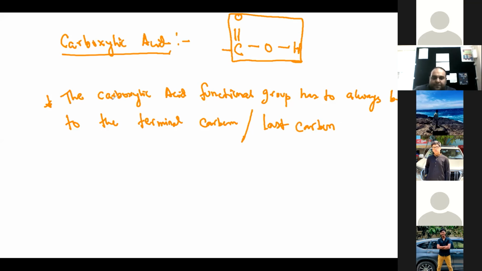So if we look at ethanoic acid, ethanoic acid is a 2 carbon acid. And propanoic acid. Okay.